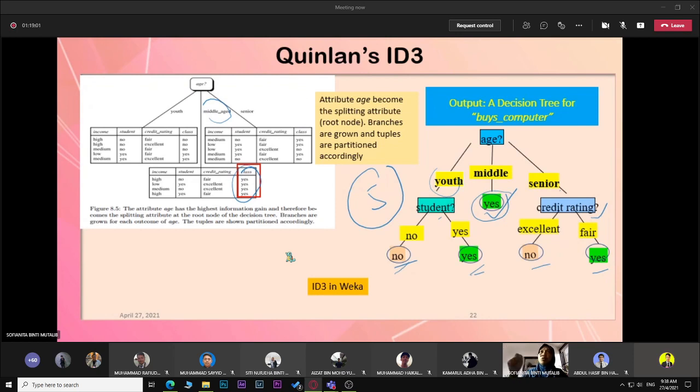Kalau dia 0.25 means that 0.75 must belong to the same class label, majority. So that is what you see in the WEKA.